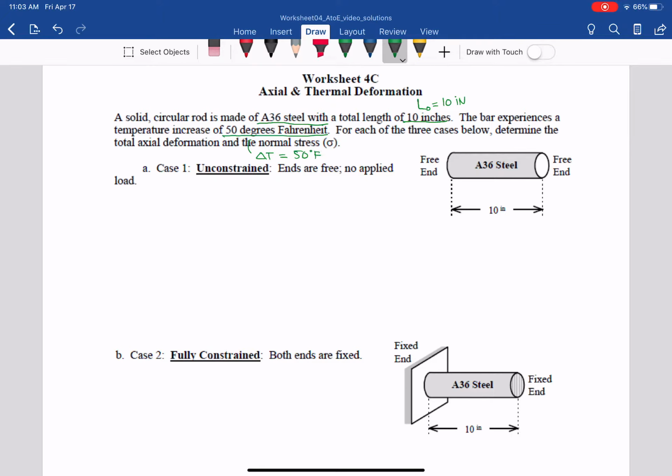For each of the three cases below, determine the total axial deformation, that is delta total, and the normal stress, sigma, which they already give.